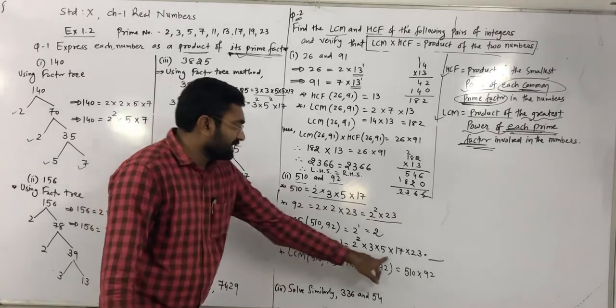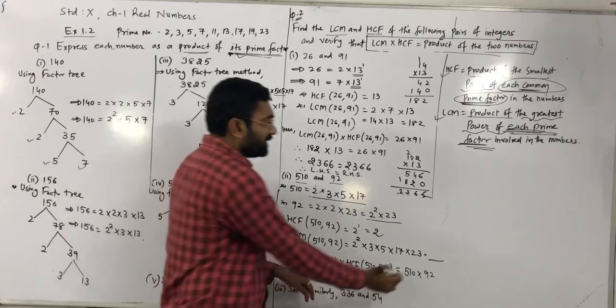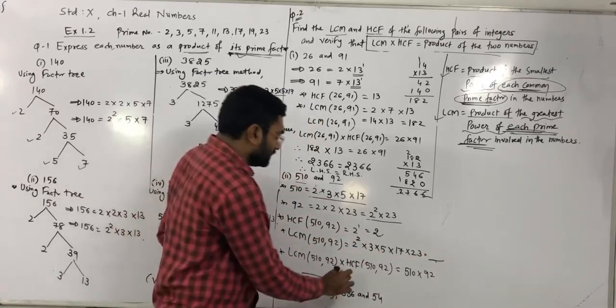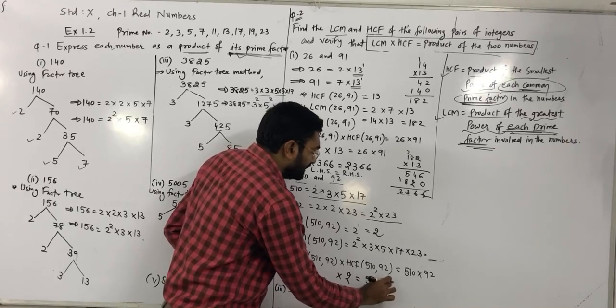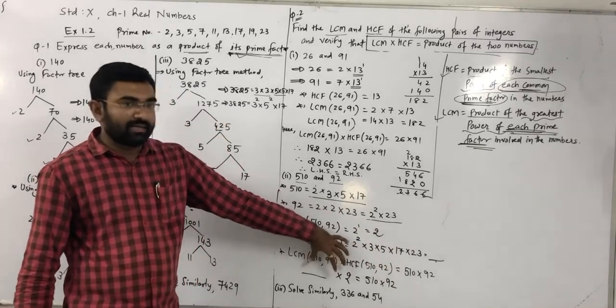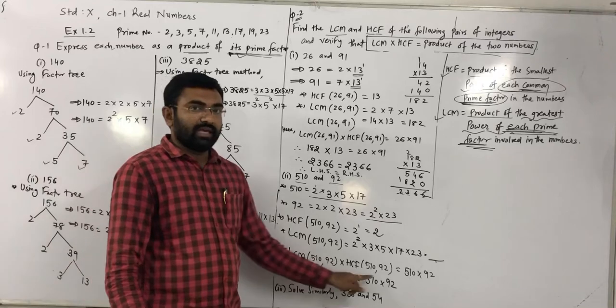HCF we already found here, and LCM is the product of all these numbers. Whatever answer you get here, write it here. HCF of these two numbers, which is 2, times the LCM is equal to 510 into 92. So whatever you get on the right hand side, the same number you get on the left hand side. So you can say left hand side and right hand side are both equal.